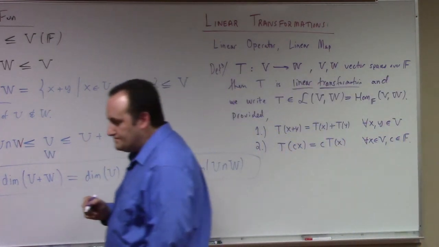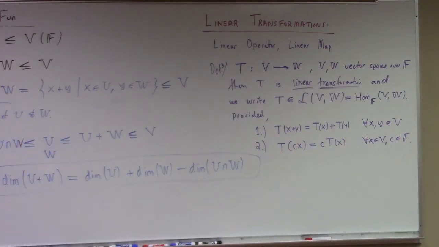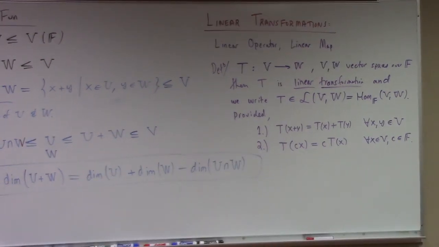So number one is known as additivity, right? Number two, a lot of books call homogeneity. My brother doesn't like that because homogeneous functions mean something more general. Technically, it's a homogeneous function of degree 1. Homogeneous degree k would mean that you can pull c out with the power k.